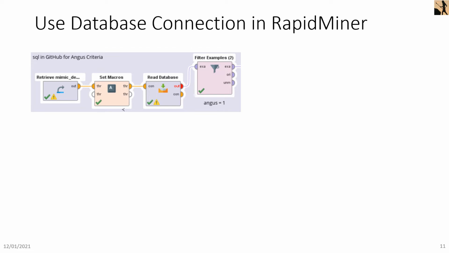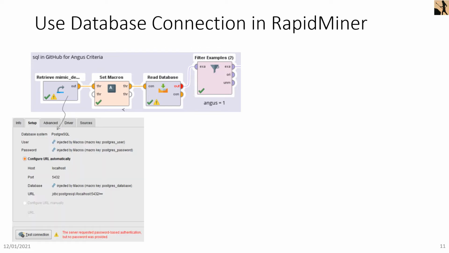Before we proceed, we should still make sure that RapidMiner does have operators that connect to the database and retrieve results from the database according to the SQL statement we put in this operator. As we show here, the connector operator connects to the local Postgres database with MIMIC-III demo data. Here is some of the connection information.